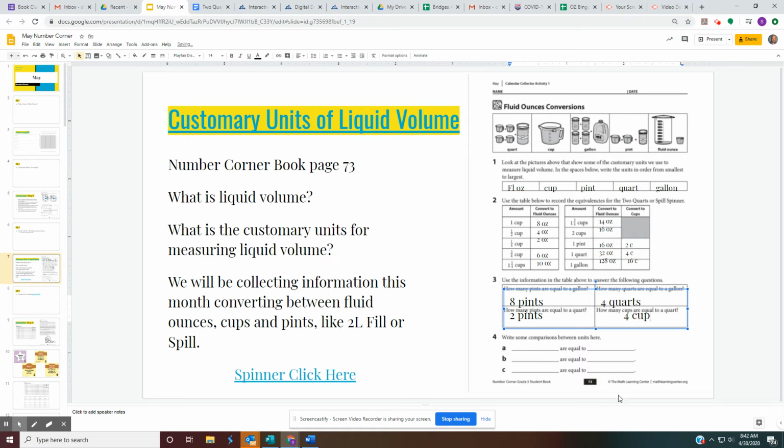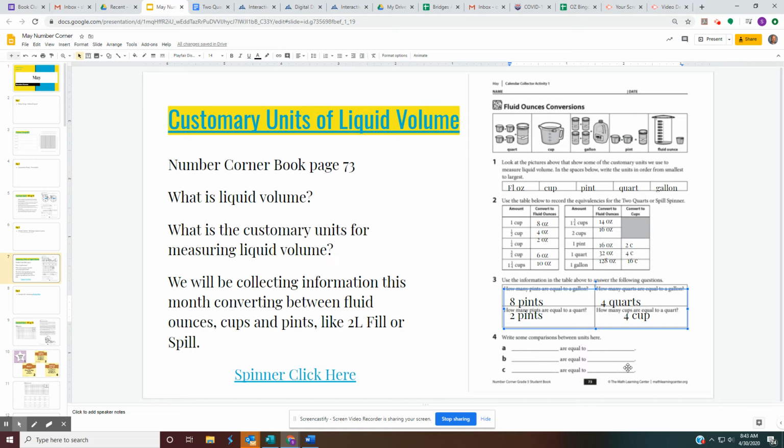Right? All right. So now write some common comparisons between the units. So in your mind, or on your workbook page, you make some conversions. You can say how many fluid ounces in 2 gallons, or whatever you happen to use, cups to gallons to quarts to pints to fluid ounces.